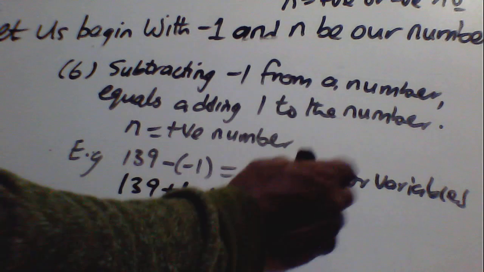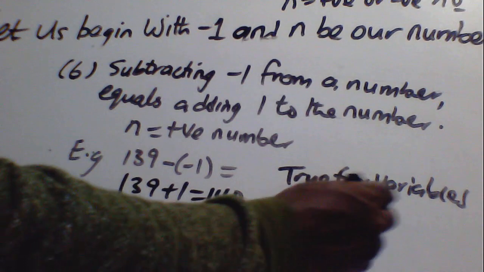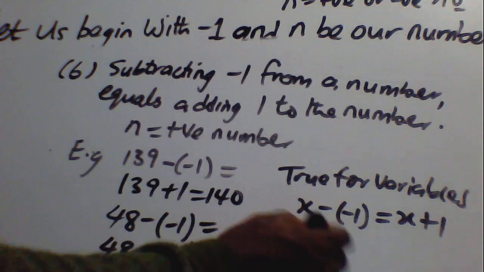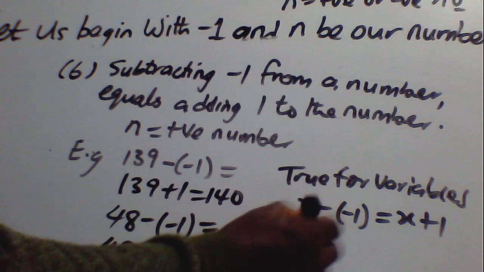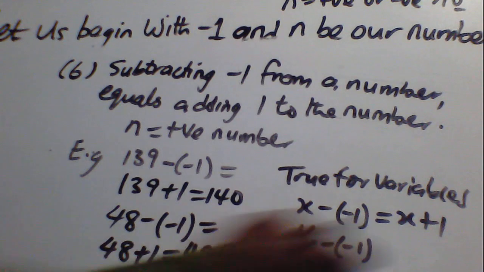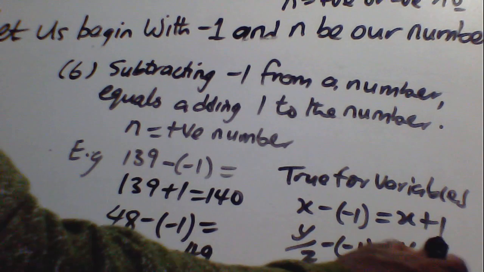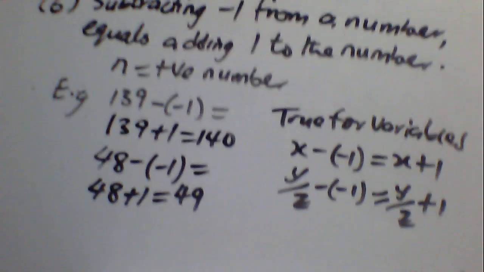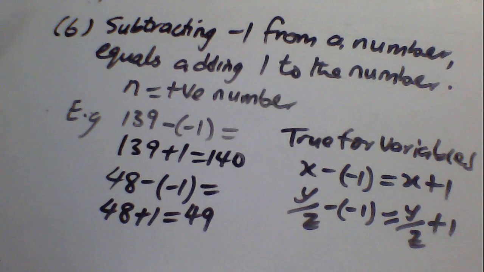So s minus 1 is equal to s plus 1. Y over z minus 1 is equal to y over z plus 1. So it is also true for variables.